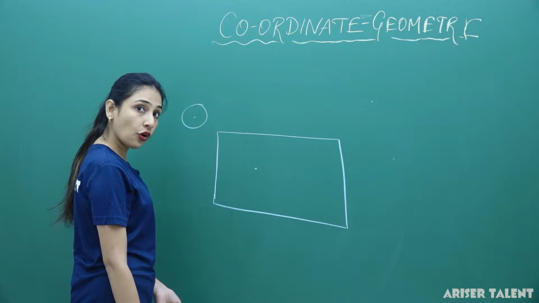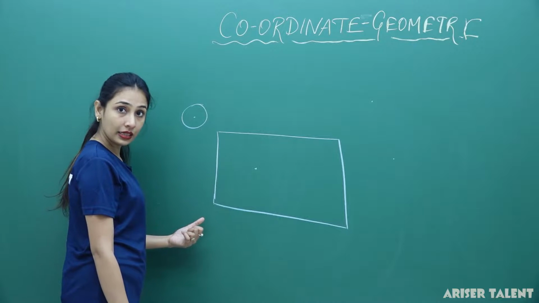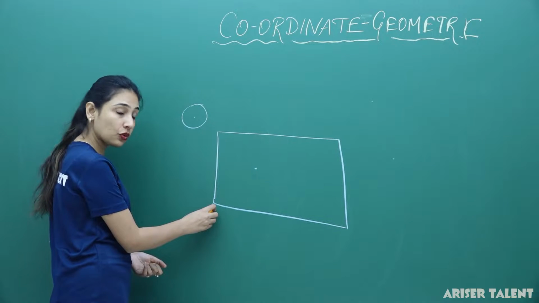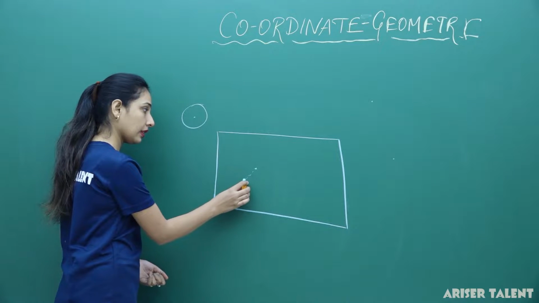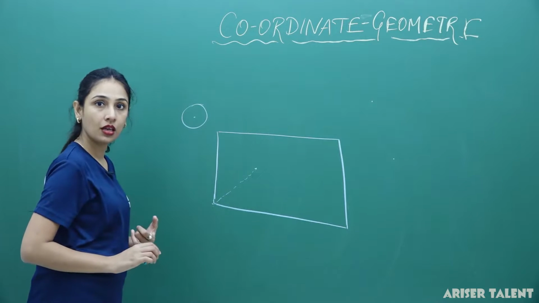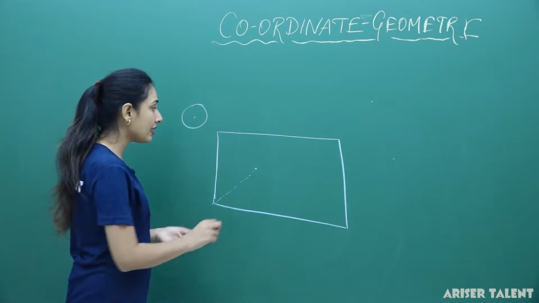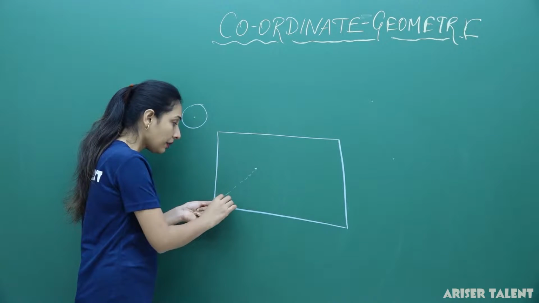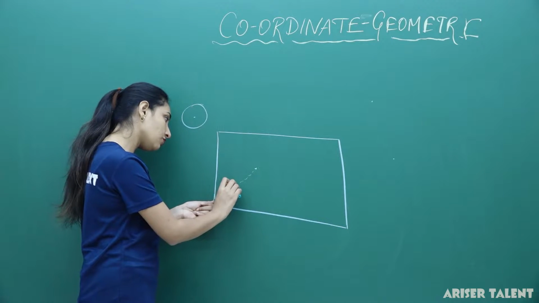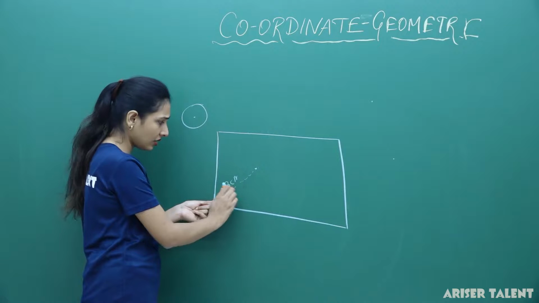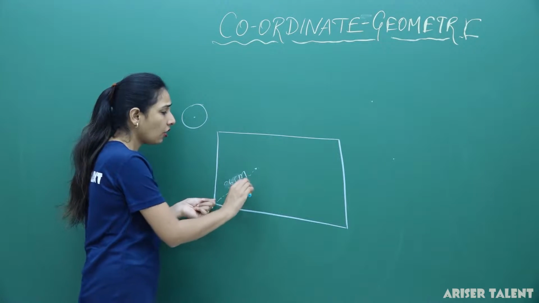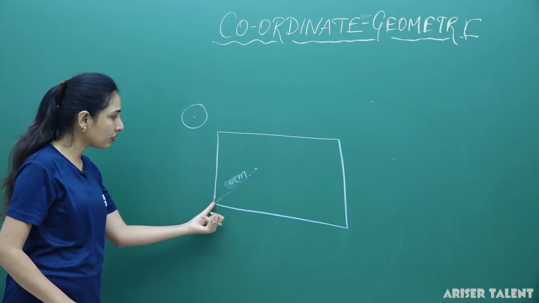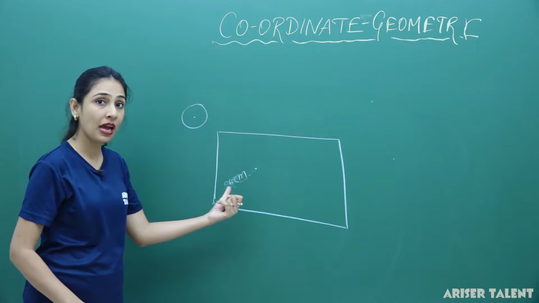From this left corner, we measure the line. Let's suppose it is 6 centimeter. So 6 centimeter away from this corner I'm having this point.